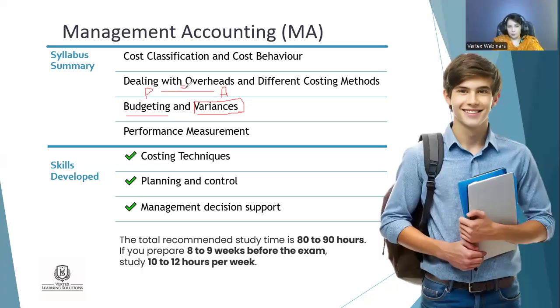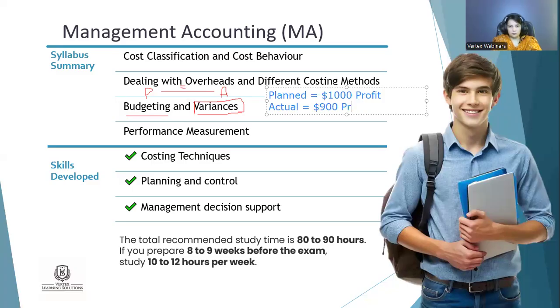You wanted to earn $1,000. This should be my profit. I planned, budgeted. So very simple thing, planned. But actually, what happened? The profit was 900.